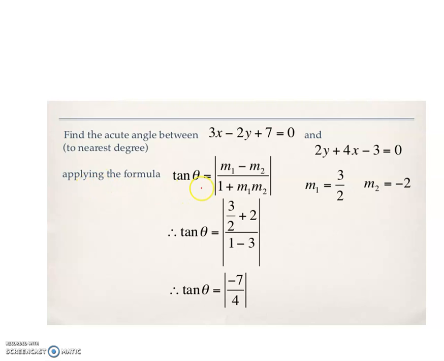Now tan theta is equal to m1 minus m2 upon 1 plus m1 into m2. So it is 3 upon 2 plus 2 upon 1 minus 3, because here the 2 and 2 get cancelled and 3 into, that is the answer. So tan theta is equal to minus 7 upon 4.